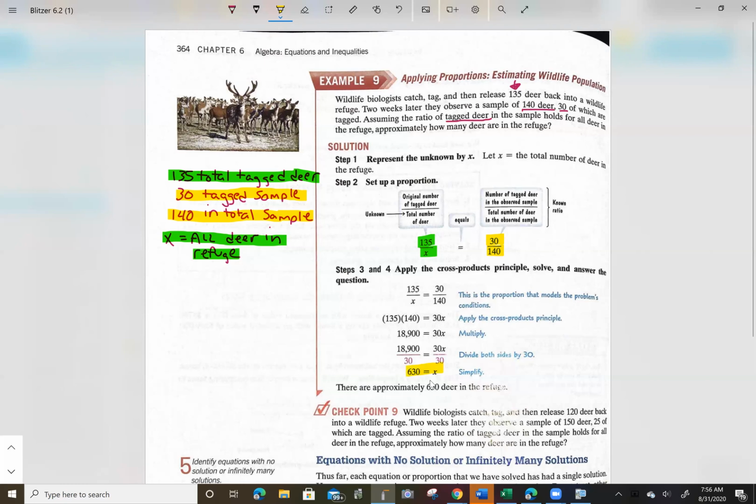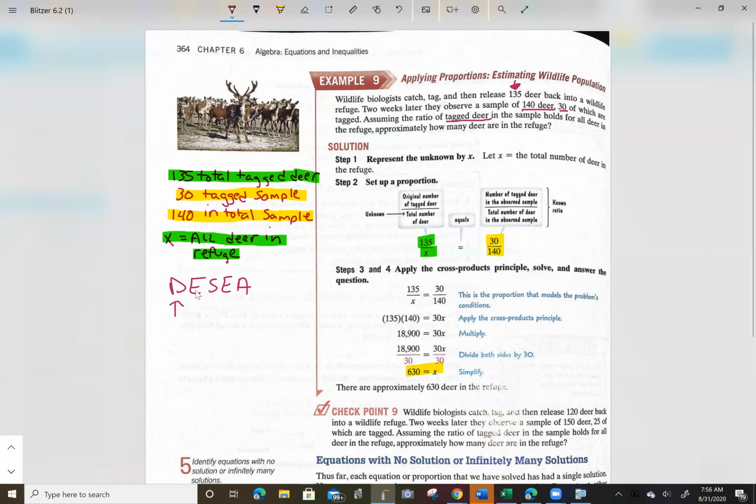But remember, instead of X is equal to 630, they say the total number of deer in the refuge is 630. You always want to go back and, when you find your answer, put that into a sentence using how you defined the variable. So some of you remember, I think of it as DSEA.